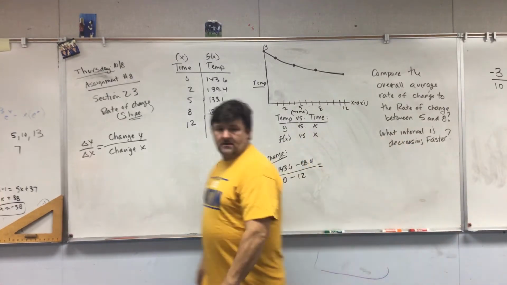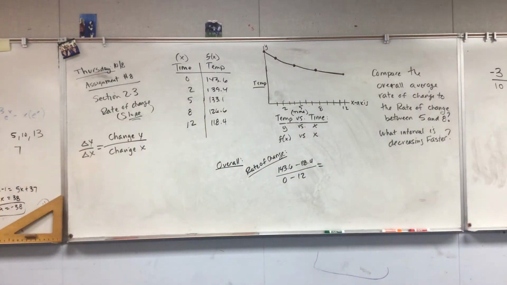I need my calculator. I don't know where it's at. It's going to be some number. I'll use my computer. Sorry about that, guys. So we have 143.6 minus 118.4, 25.2.